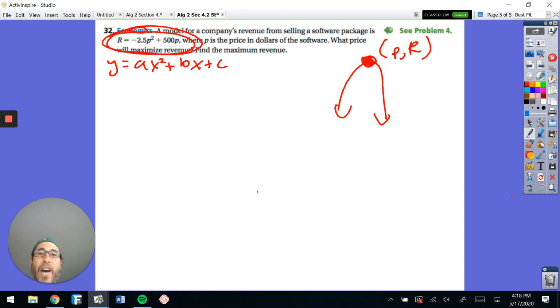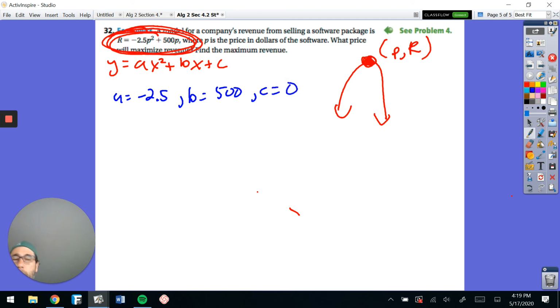So let's go through this. How did we usually find H in the past? Well, the way we found H in the past is we had our problem, right here, and we wrote down what our A was, negative 0.5, and we wrote down what our B was, 500, and we wrote down what our C, which is 0 because there is no C. All right, now how do I find this p-value? Well, it's the vertex, which means it's the H. And what is the H?